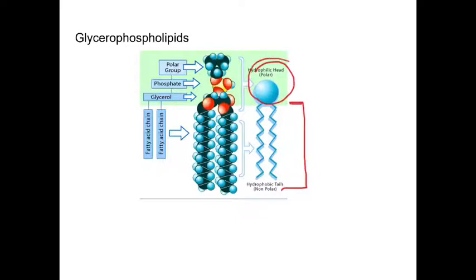So it has a bigger polar region, and then these 2 long fatty acid tails. This sort of structure, a polar region and 2 long non-polar hydrophobic carbon-hydrogen tails, is the structure that we see in membranes all the time. So any lipid that makes that kind of structure, we find in membranes.